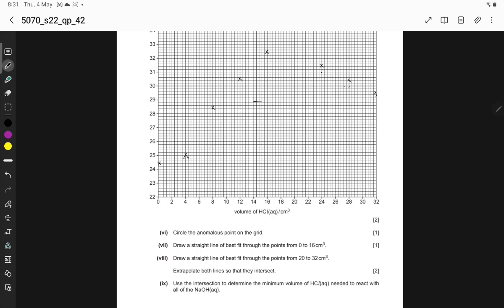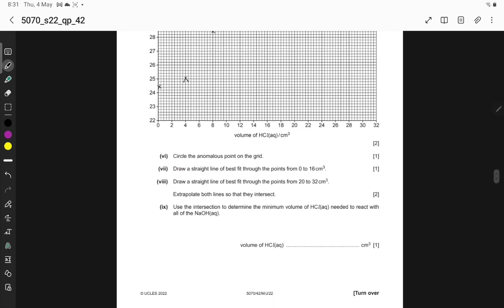This is 29.5. Now circle the anomalous point on the grid.